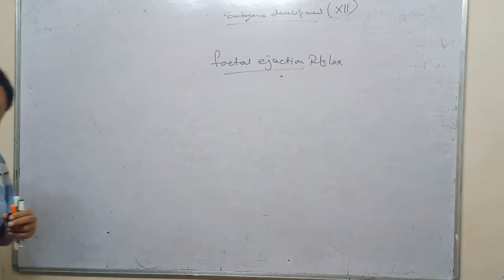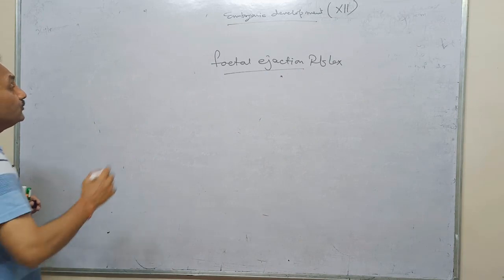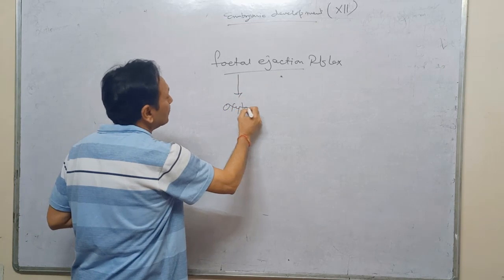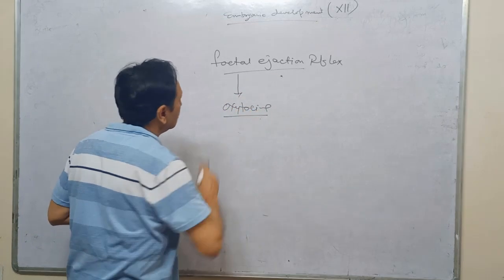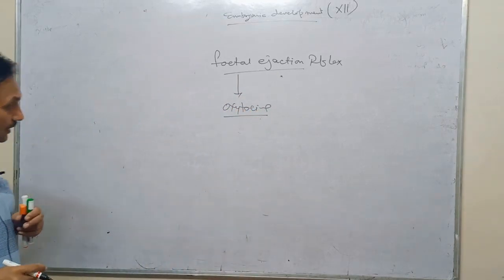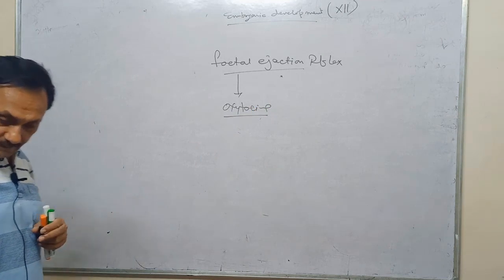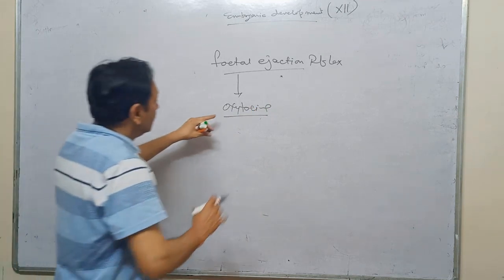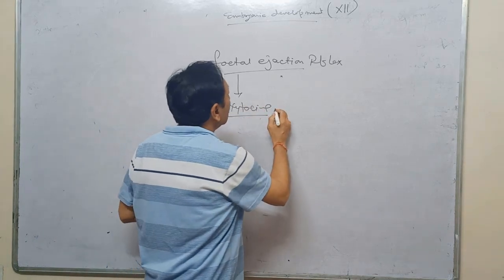It is responsible for the release of oxytocin, which is from the posterior lobe of the pituitary, and it is also called the birth hormone.